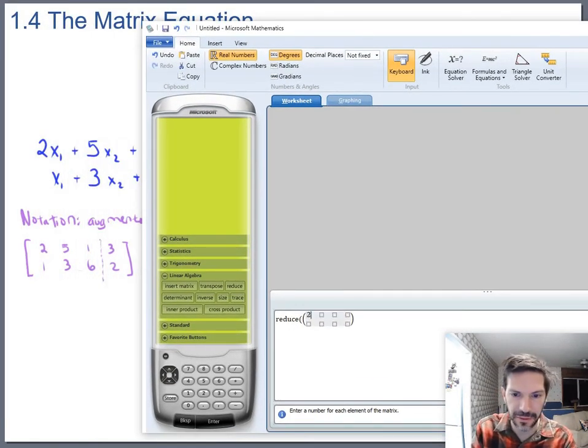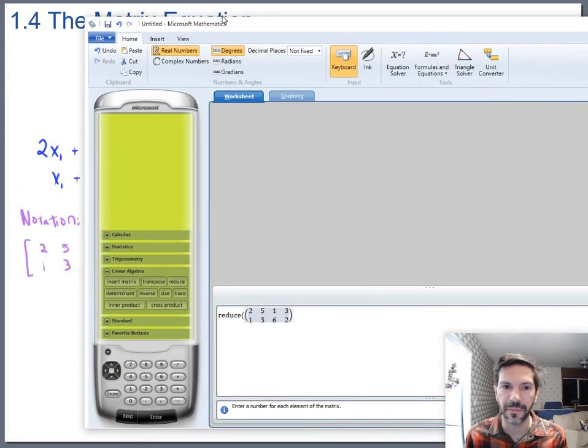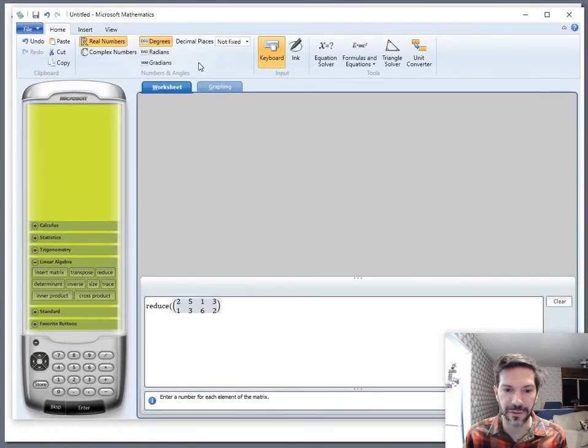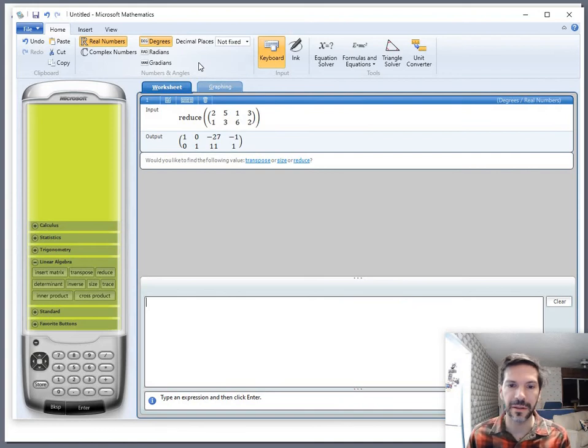I've got 2, 5, 1, 3, 1, 3, 6, 2. Okay. And I want to reduce that, so I'll just go ahead and hit enter. And this will take this all the way down to reduced row echelon form.